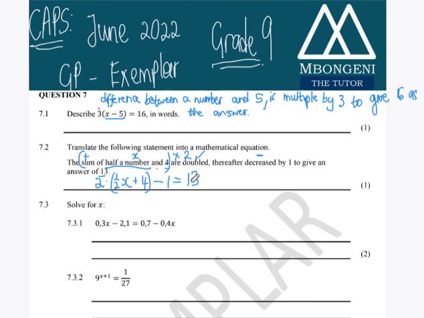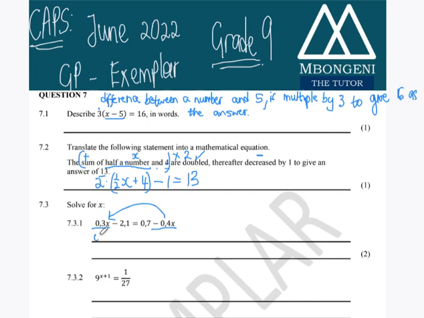So now what do we have? We have 0.3x minus 2.1 equals 0.7 minus 0.4x. Remember, when we're dealing with an equation like this, we want to keep all the terms with the variable x on one side. So this one must go the other way around.